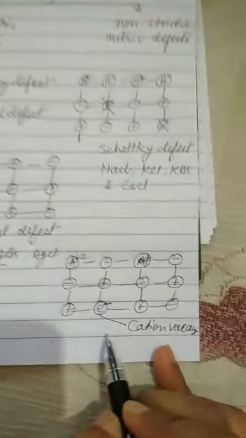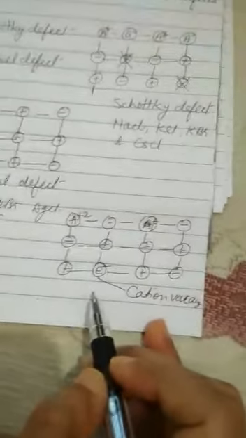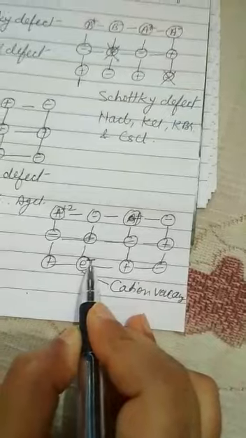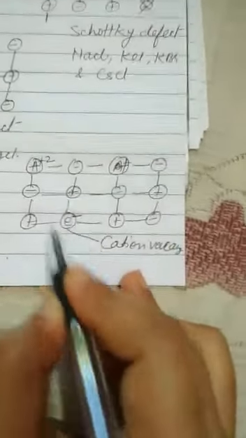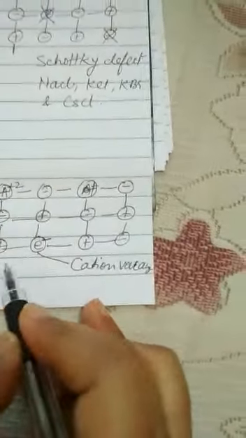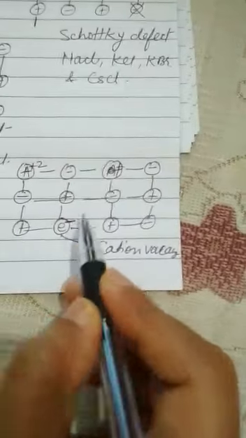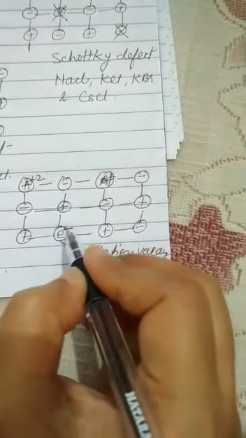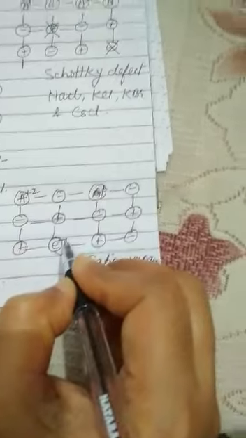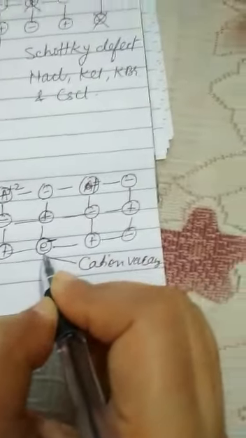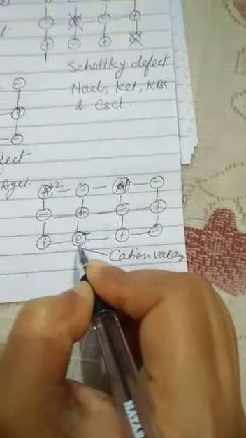You can see in this diagram that the cations are fewer in this ionic crystal and an electron occupies the space of the anion where the anion is absent.